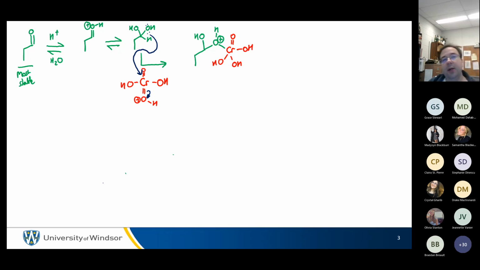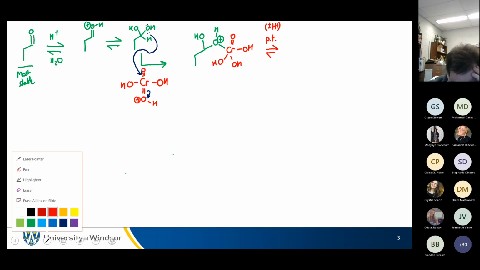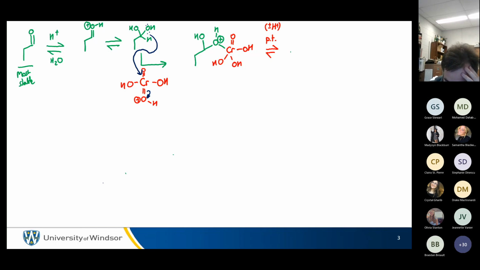We get that intermediate. Now we're going to follow basically exactly the same pattern we just previously followed. Another proton transfer. We don't have 2 carbonyls, do we?